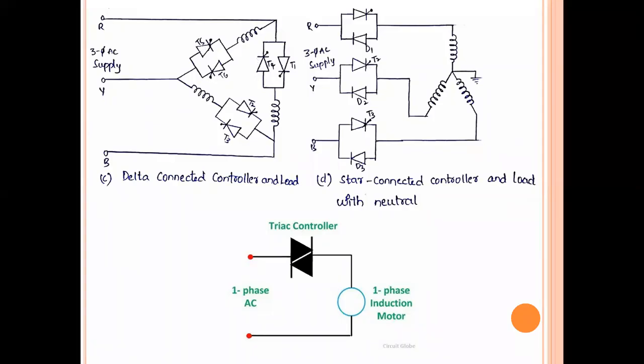So if we control the firing angle, which means in the AC voltage controller we can regulate the firing angle alpha from 0 to 180 degrees, so that for a different firing angle the output voltage at that particular instant will be modified accordingly. So like that we can control the speed of the induction motor, that we have seen for single phase in the power electronics subject. For three phase it is pretty much the same.